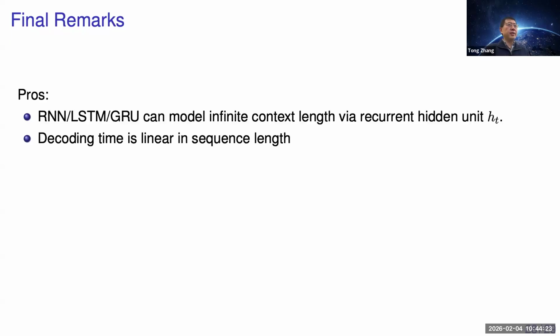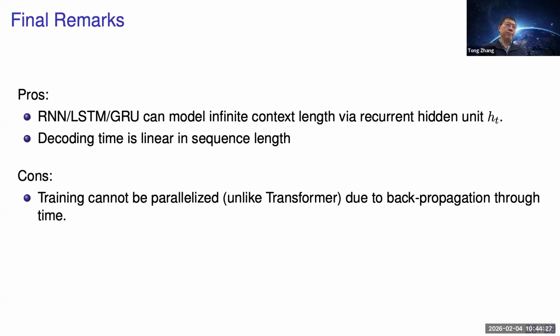Decoding is linear in sequence length because it's one token at a time. Training is also not parallelizable, and that could be an issue. That's the killer of these models, and unlike a transformer, you cannot parallelize. That's why transformers were adopted. There are also other nice properties: transformers scale well.